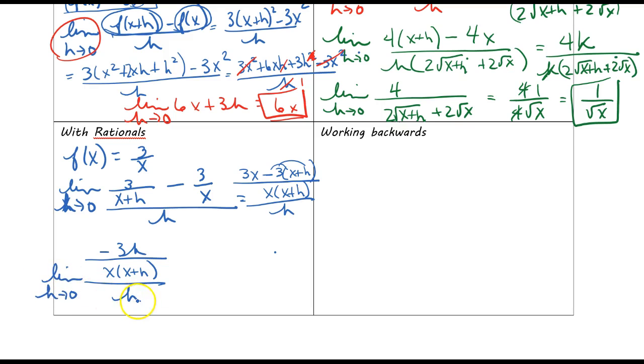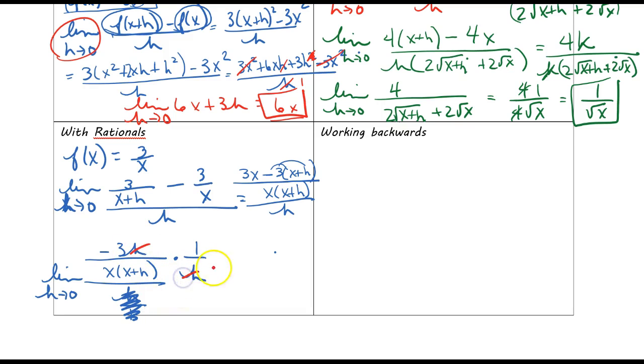I still can't plug in the 0 for h because I haven't canceled anything yet. But remember, if you've got a 3-part fraction, this just ends up being like h over 1, and you can flip and multiply. So it's going to be this, right? H over 1 turns into times 1 over h. Now look, your h's cancel.